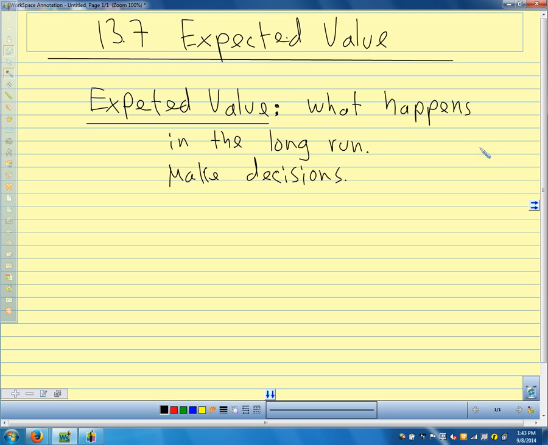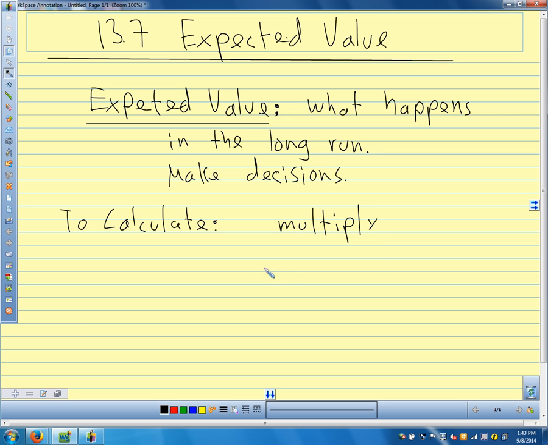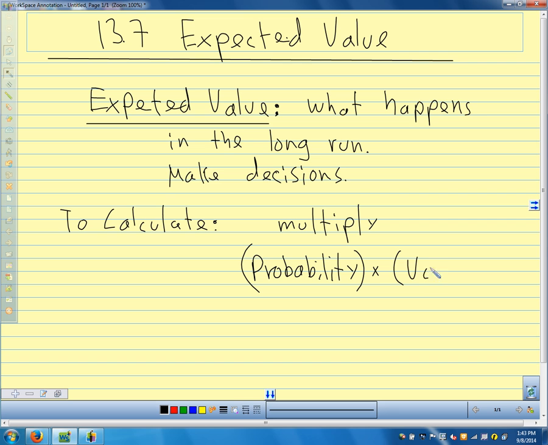Expected value is really easy to find. To calculate, we multiply. The two things we multiply are the probability times the value.